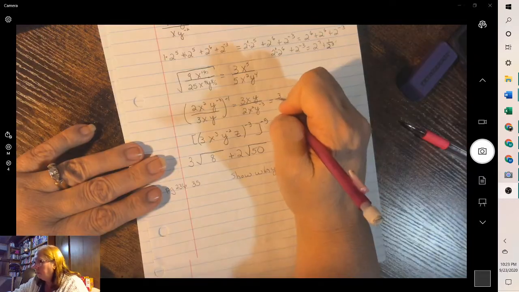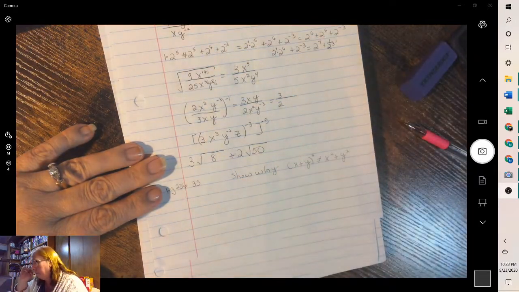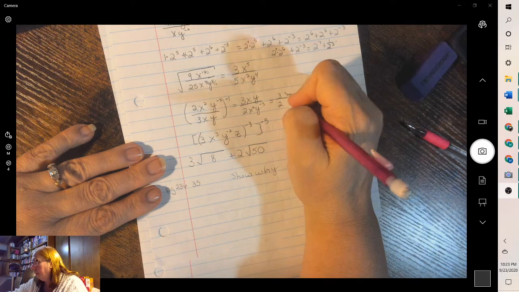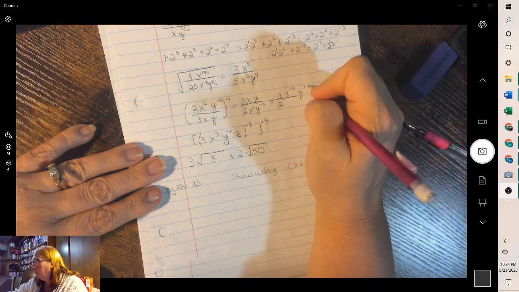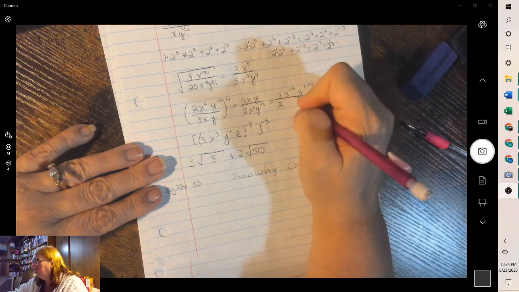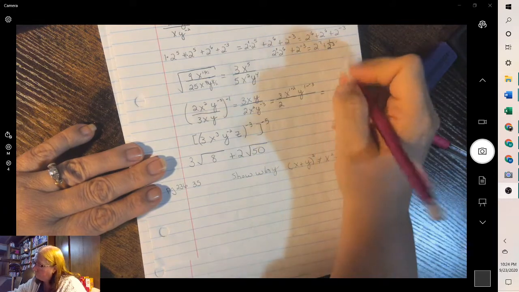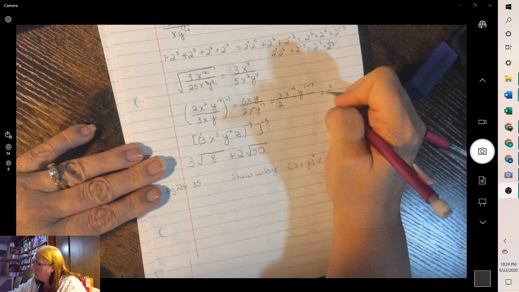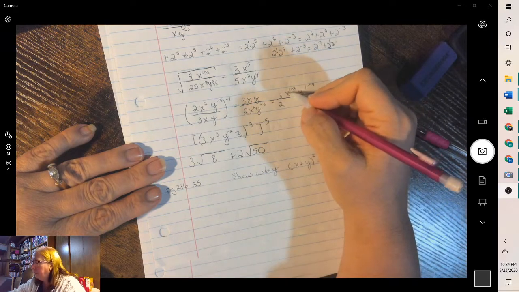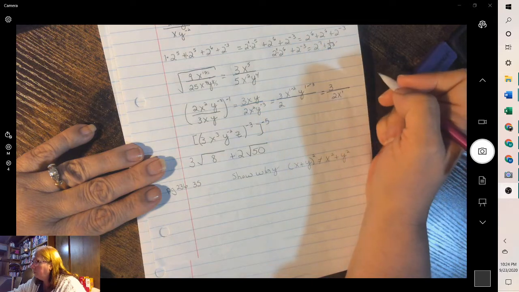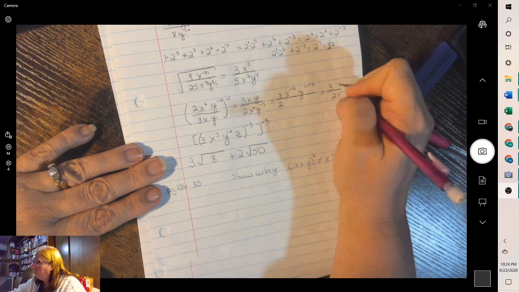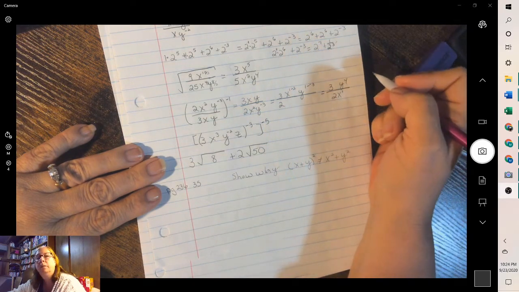The 3/2 is going to stay because it doesn't simplify. And we have x to the 1 minus 2 and y to the 1 minus a negative 3. 3 over 2. This is going to be a negative 1, so I'll move it to the denominator to make it a positive 1. And this is y to the 4th, so it stays on top.